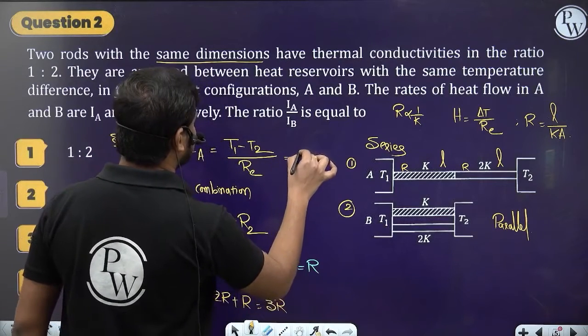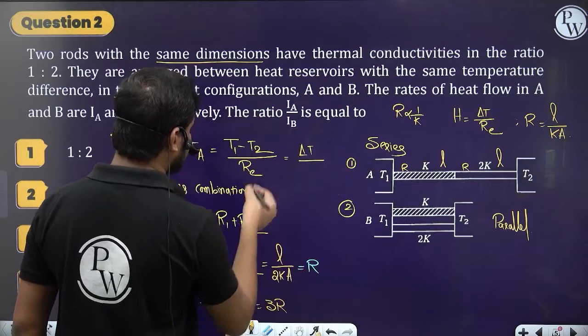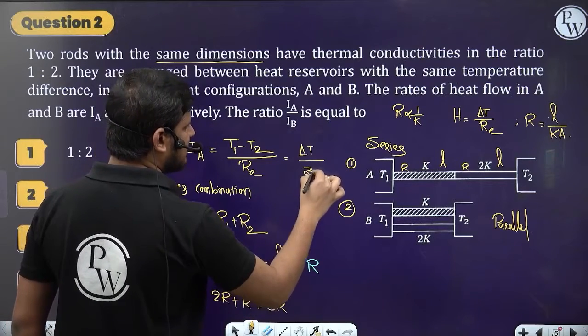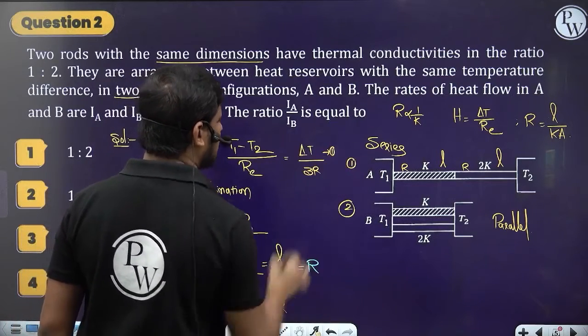So delta T by R equivalent is delta T by 3R. Let this be equation number 1.